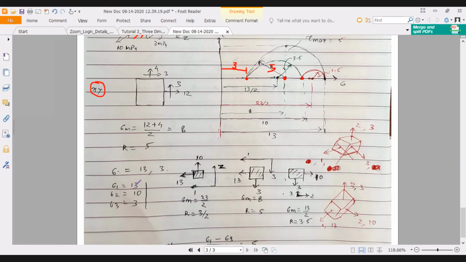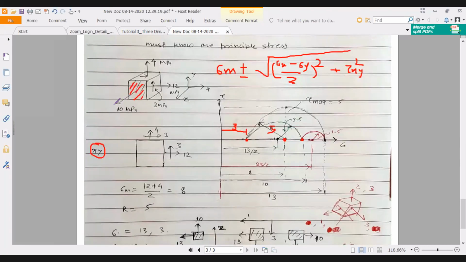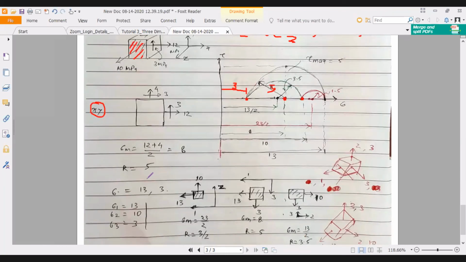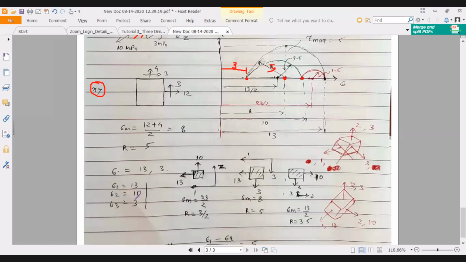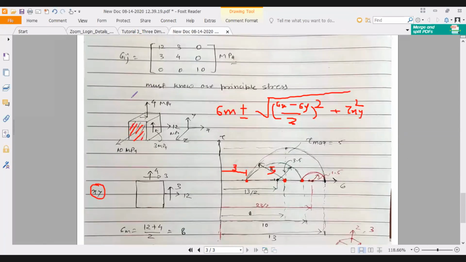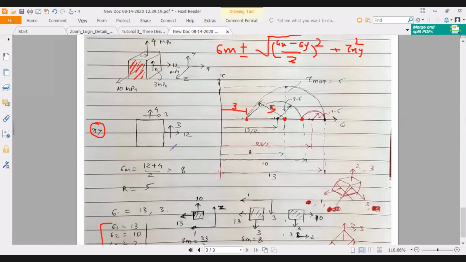One principal stress is already known to you, that is 10 megapascal, and the other two stresses are now calculated, 13 and 3. Arranging them in descending order, sigma 1 is 13, sigma 2 is 10 and sigma 3 is 3. So these three principal stresses for this problem are now calculated.